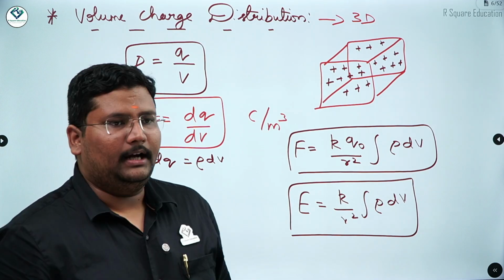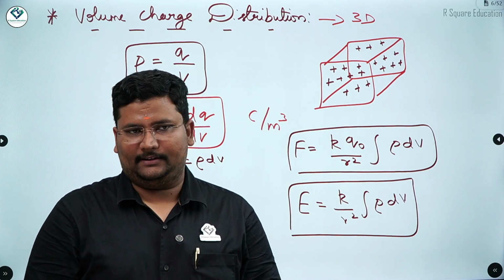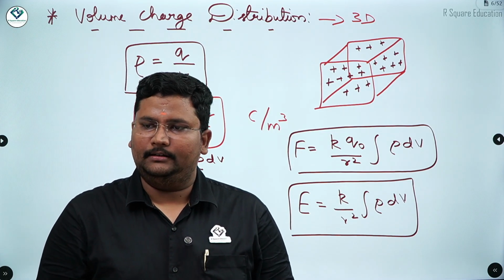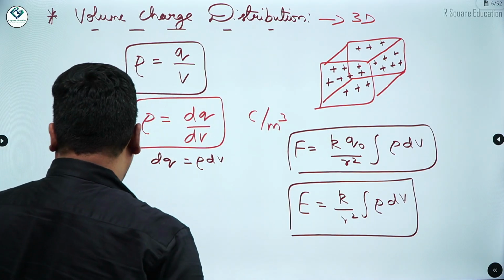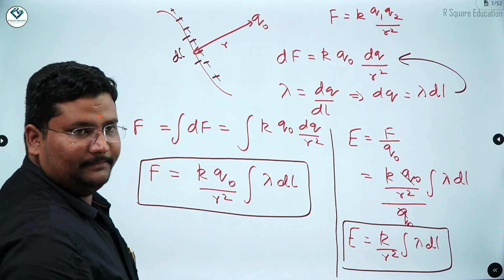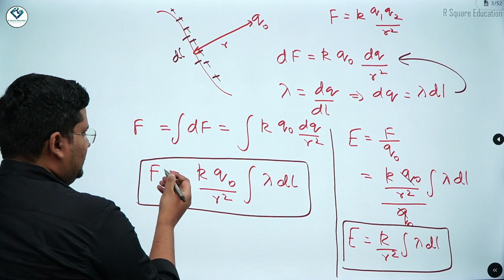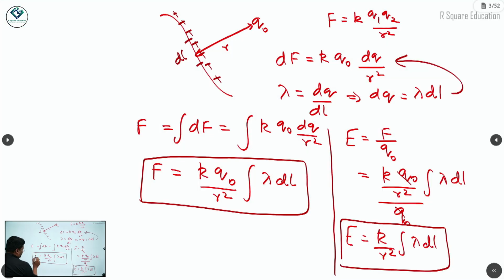Any doubts? And also, since force and electric field are vectors, you can also mention it in vectors. Okay, say for example, for line charge density. Again when you are using vectors, what will happen? If you have F vector, then this will be r cap, correct? Likewise, E vector, this will become r cap, right?